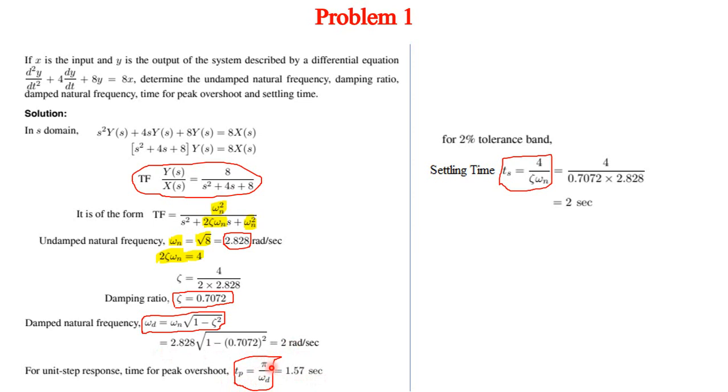Here we have to take care that pi is not 180 degrees, it is 22 by 7 or 3.14 radians, not degrees. That is very, very important. The settling time for 2% tolerance, but normally we take 4 by zeta omega n. We substitute this zeta and this omega n, and we get the settling time. That's all. So this is a very, very simple problem.